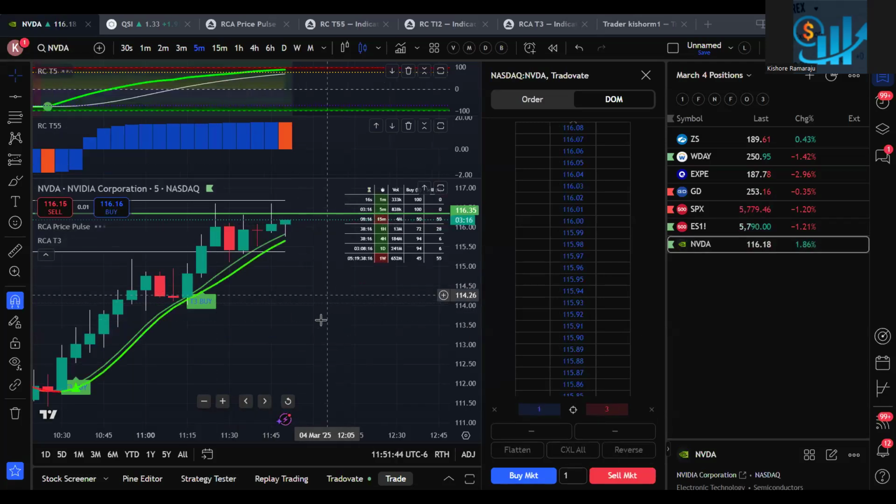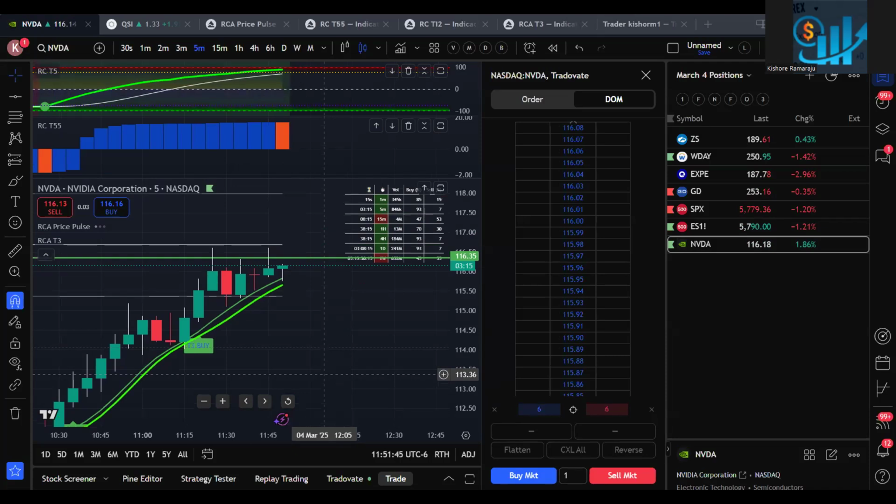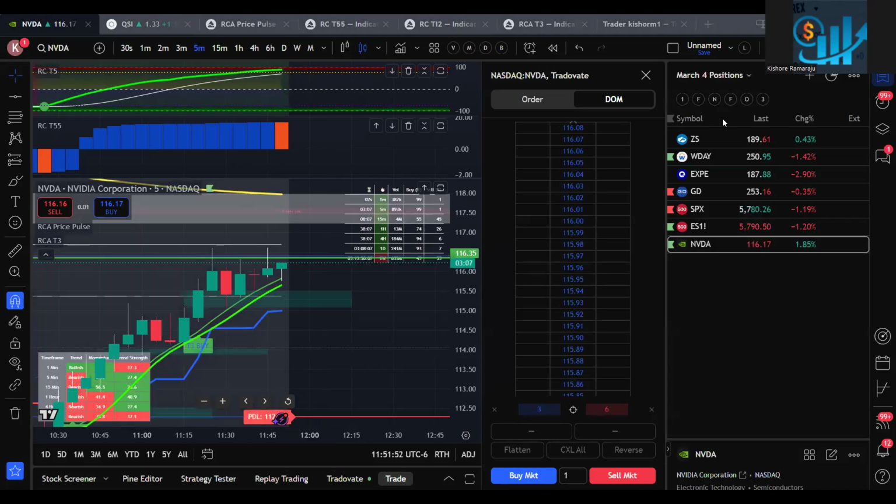Nvidia made a huge move in 16. Yeah, nearly 20% up.